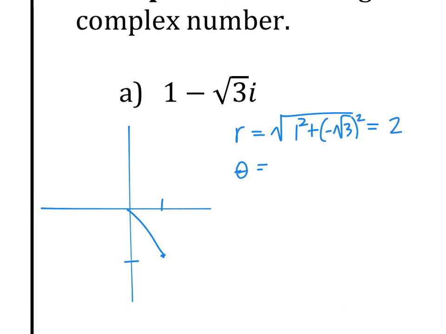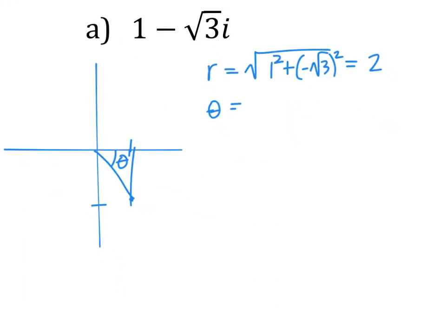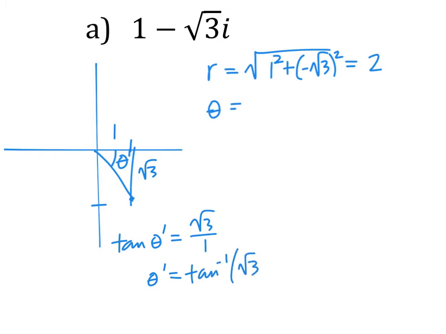Okay, the angle. We have to first find this angle, the reference angle. So what is this? 1 and square root 3. So tangent of the reference angle is opposite over adjacent. So that angle is the inverse tangent of square root 3.